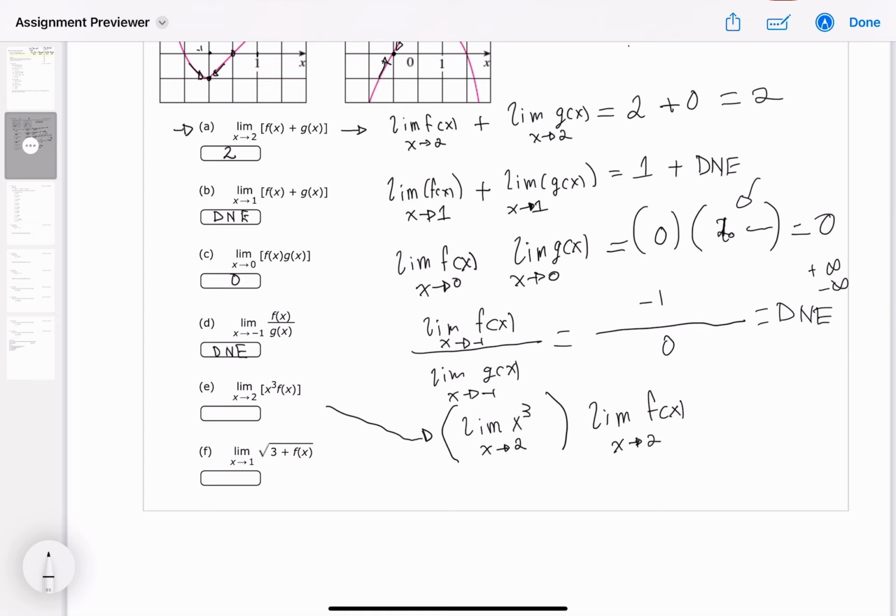You see? The second part here, I will find graphically because I have the graph here. But this one here, I will do analytically because I don't have the graph.